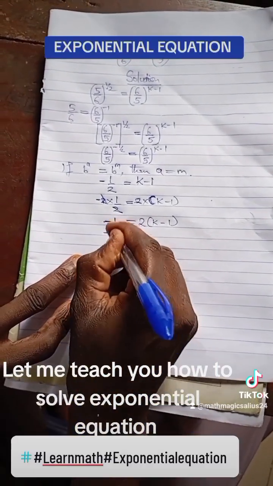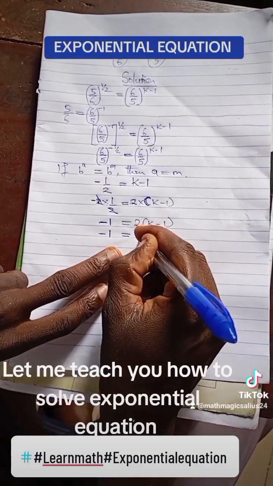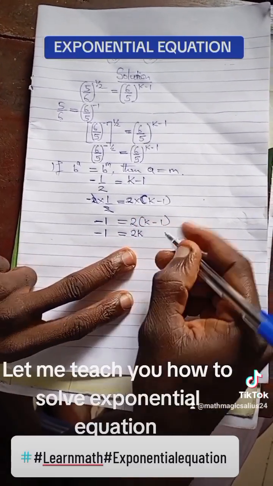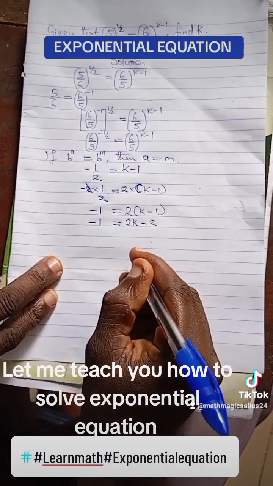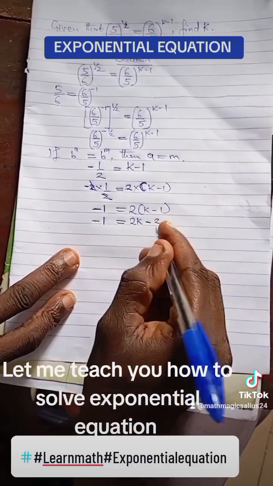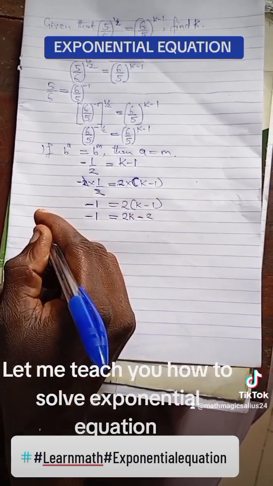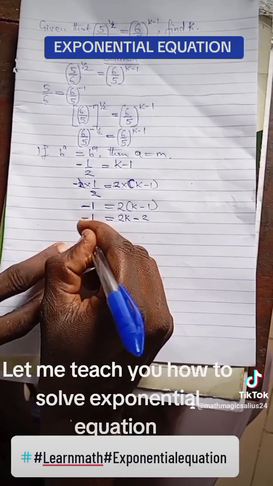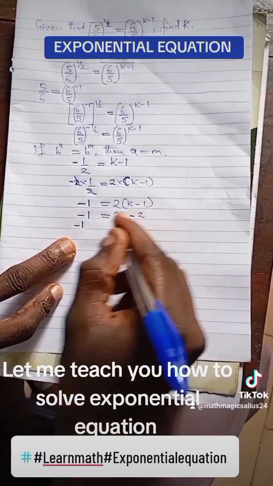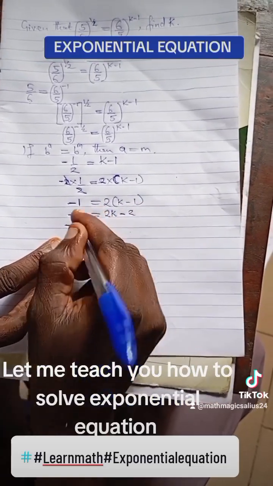I'm going to have minus 1 equal to 2 times k, which gives me 2k, and 2 times minus 1 gives me minus 2. Now, I am going to take this minus 2 to the left side of the equation. If this minus 2 crosses the sign of equality, it becomes plus 2.